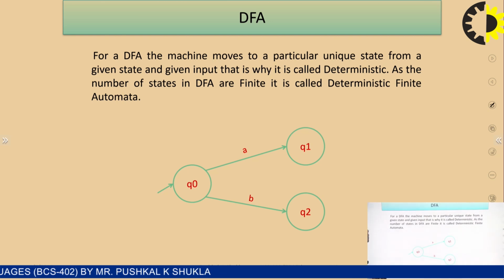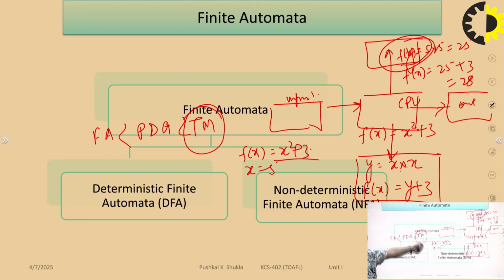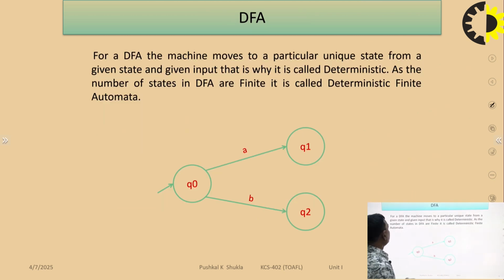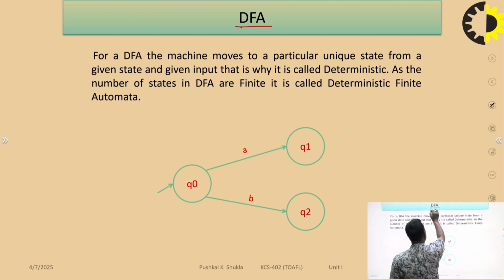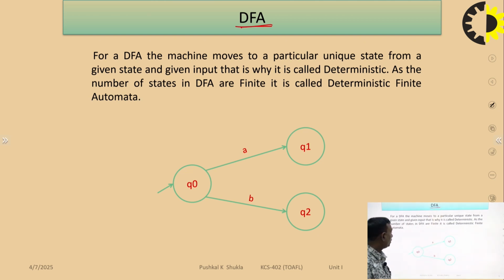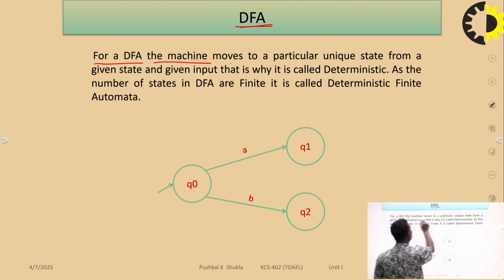Then we come to finite automata. We can divide finite automata into two types: deterministic finite automata and non-deterministic finite automata. Now let's come to DFA. Deterministic finite automata: for a DFA, the machine moves to a particular unique state for a given state and a given input.